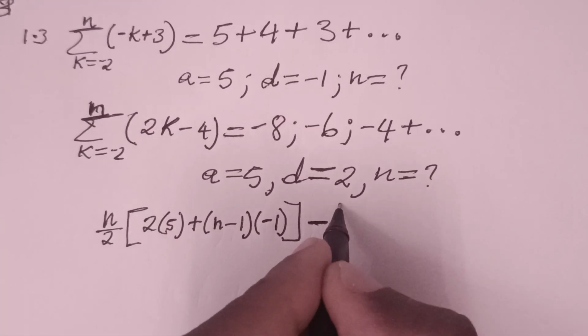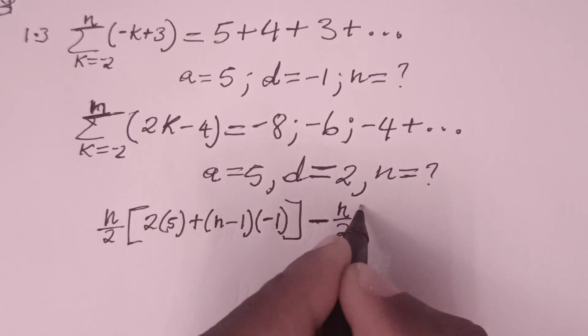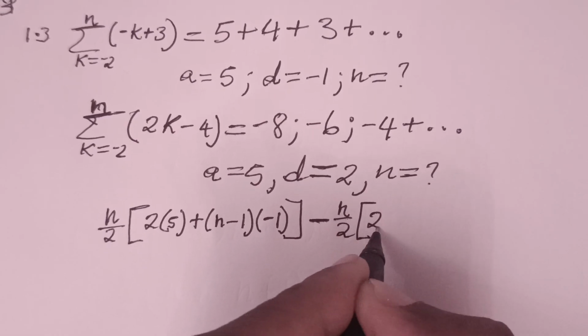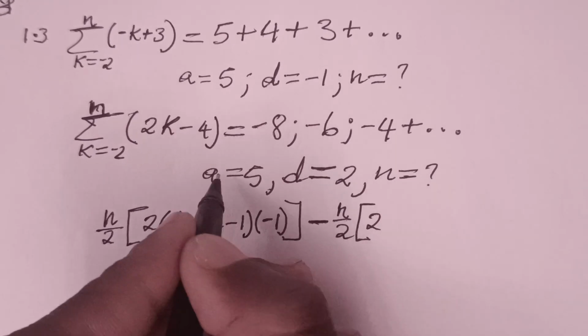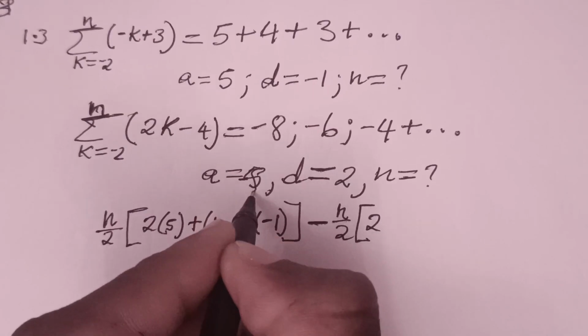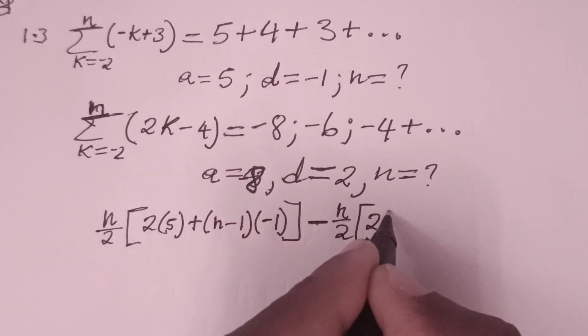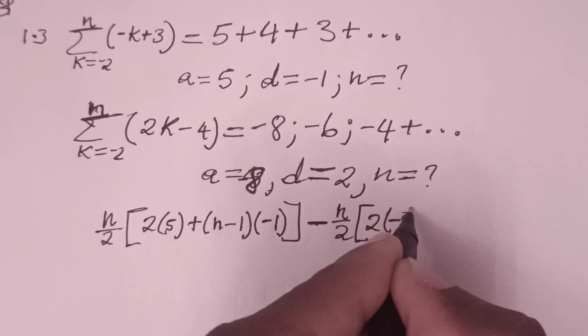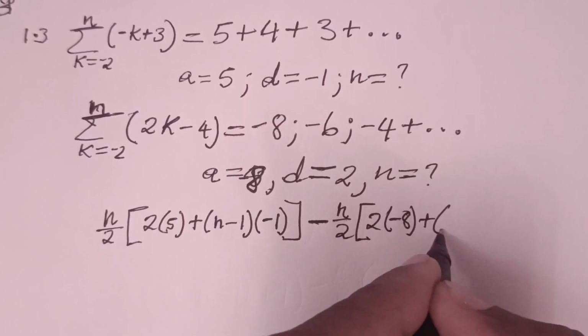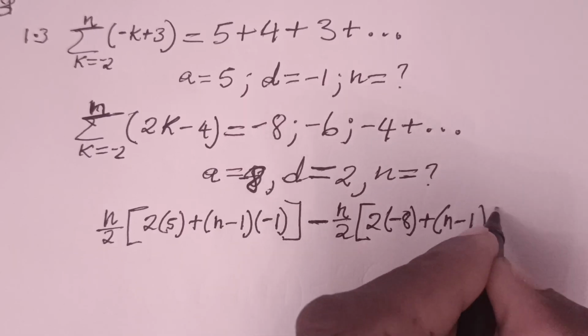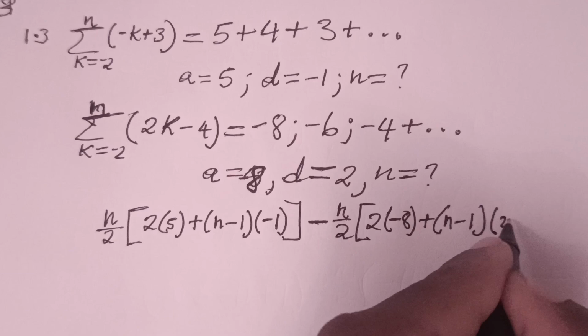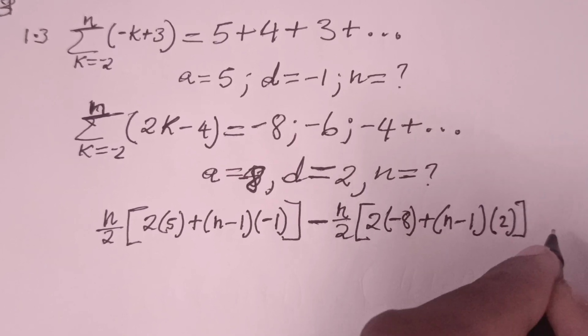You realize this series can also be written in the form of n over 2 into 2a. What is a here? A is actually minus 8 for this one. It's minus 8, that is the first term, plus n minus 1, close, into 2, all close.